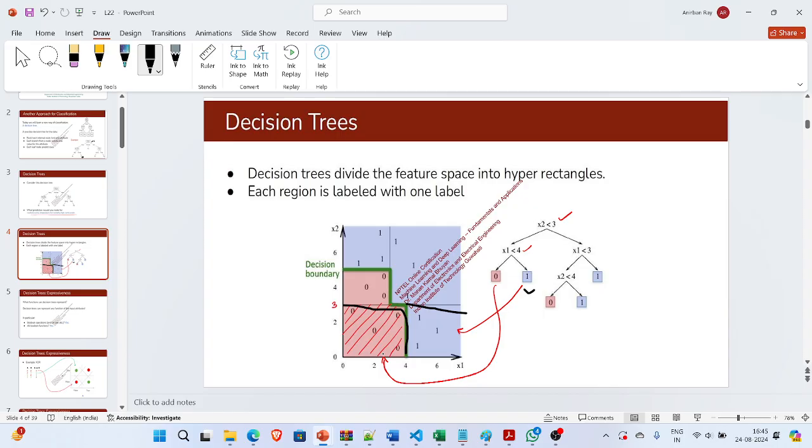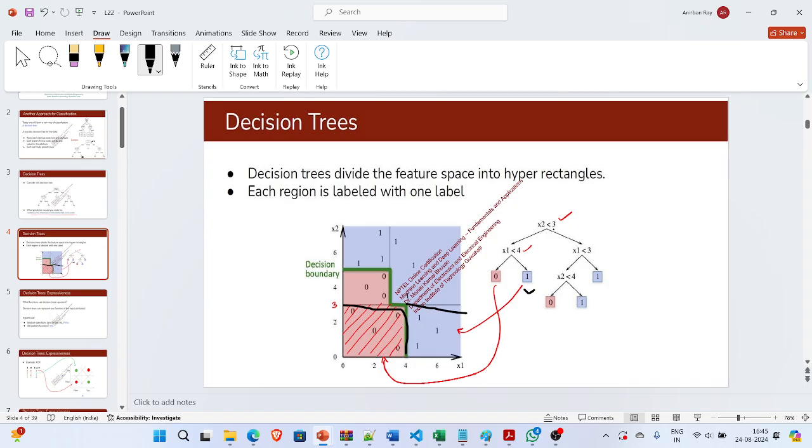x2 is less than 3, x1 is less than, some sub cases are here. Then we have x2 is greater than 4. So 4 is this one, I forgot actually.